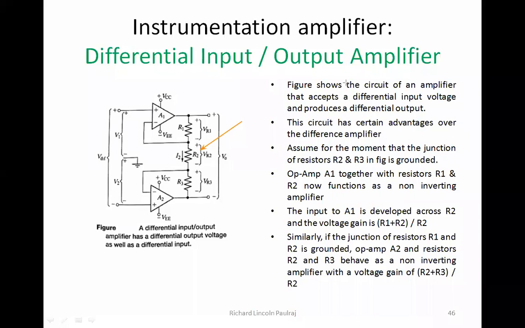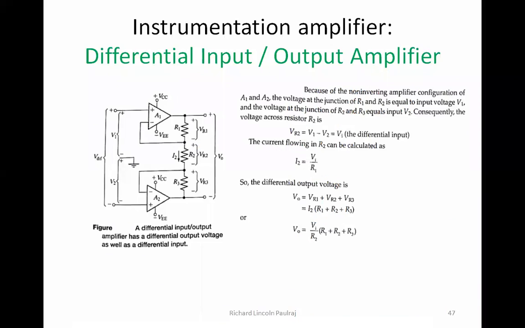Fine. So these were some of the concepts that we saw in our previous class: the differential input output, how it's important, and we also came across a few equations. The important equation here is the output voltage, being R1, R2, R3, the sum of all, and then dividing by R2.